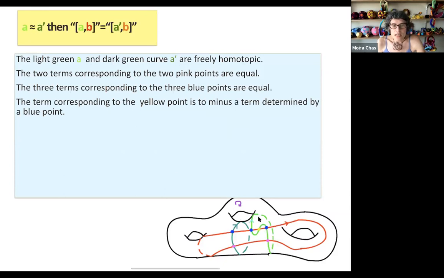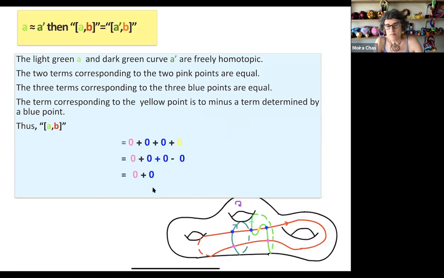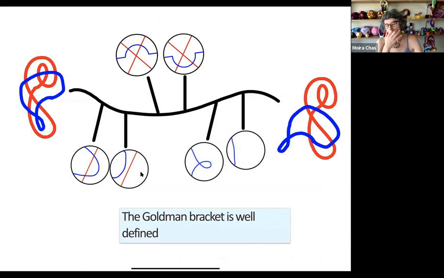And then the yellow point gives also the same free homotopic class, but the opposite sign. If you look at it hard, with passion, you probably see that. So when I sum these three terms, these two cancel, and you get the same bracket.